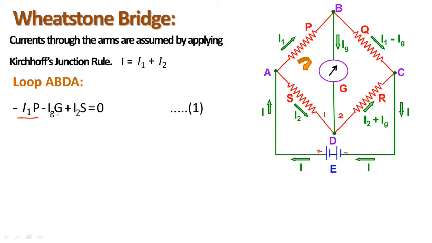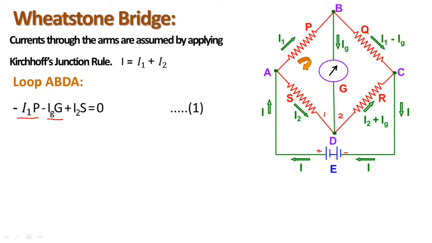Through the galvanometer, current Ig is flowing. The path traced is from B to D, and the current flows in the same direction, both having the same direction. Therefore, the potential drop is there. So, the potential difference across the galvanometer is minus Ig into G. For resistance S, the flow of current is opposite to the path traced, as the path is from D to A and the current direction is opposite to that.